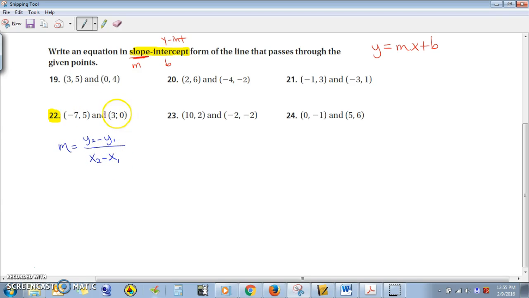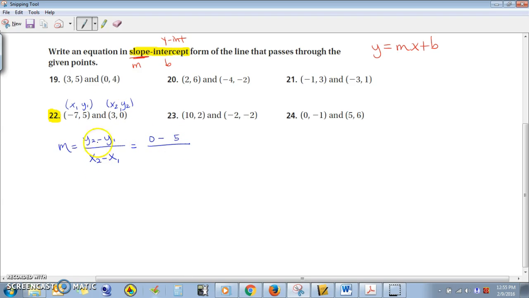And I'm going to pick a point to be x1, y1, and a point to be x2, y2. So I'm going to call this x1, y1, and I'm going to call this x2, y2. So now my y2 is 0. I'm going to go 0 minus my y1, which is 5.